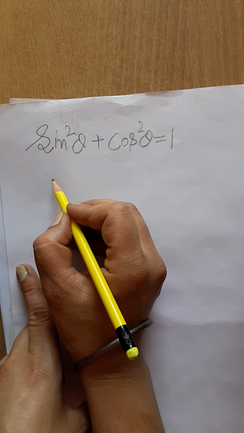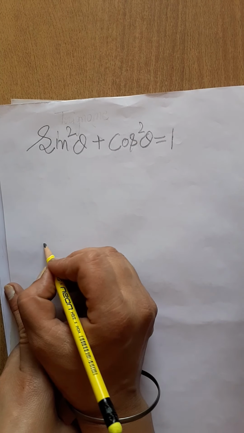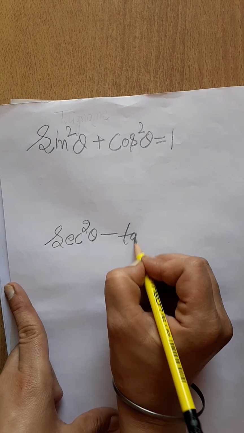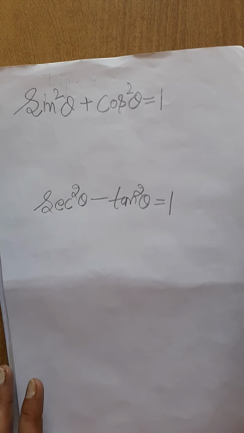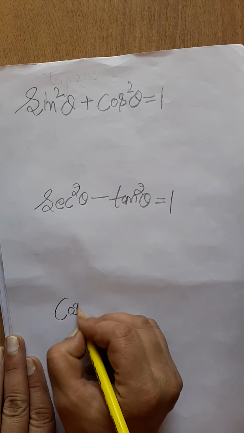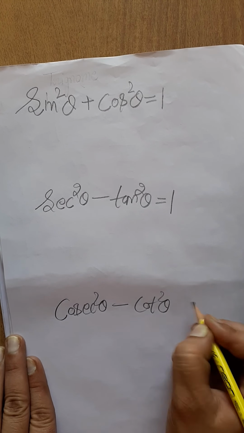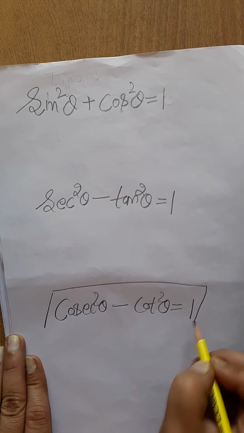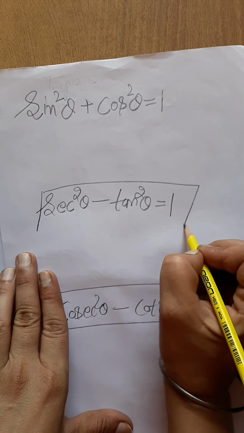There are mainly three basic formulas. The second one is secant square theta minus tan square theta is equal to 1. And cosecant square theta minus cot square theta is equal to 1. These are our three basic identities for solving our questions.